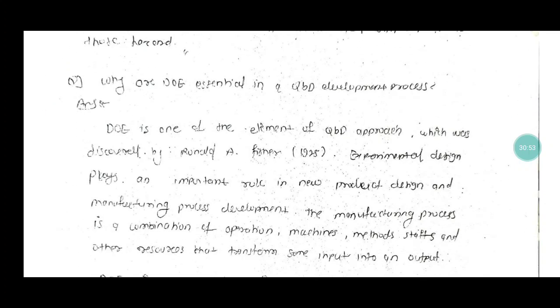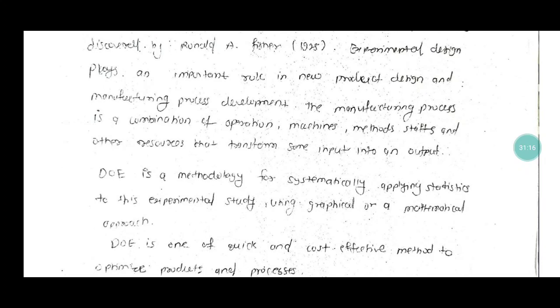And the next question, why is DOE essential in the QbD development process? So DOE is one of the elements of the QbD approach which was discovered by Ronald Fisher in 1925. So the experimental designs play an important role in the new product design and manufacturing processes, where the development and the manufacturing process is a combination of operations, machines, methods, staff and other resources that transform some input to an output.